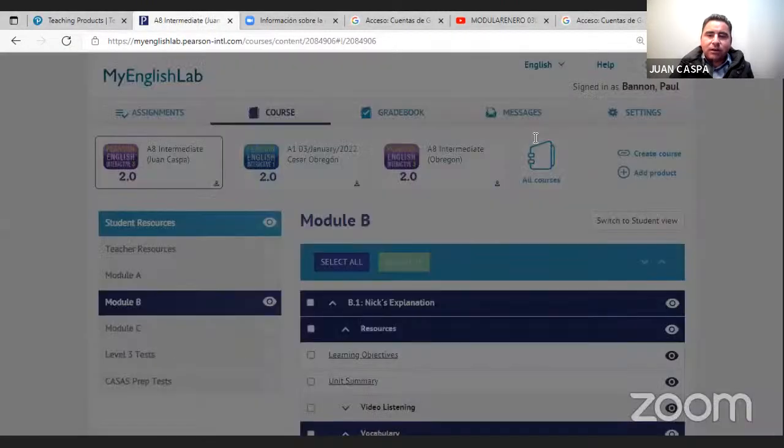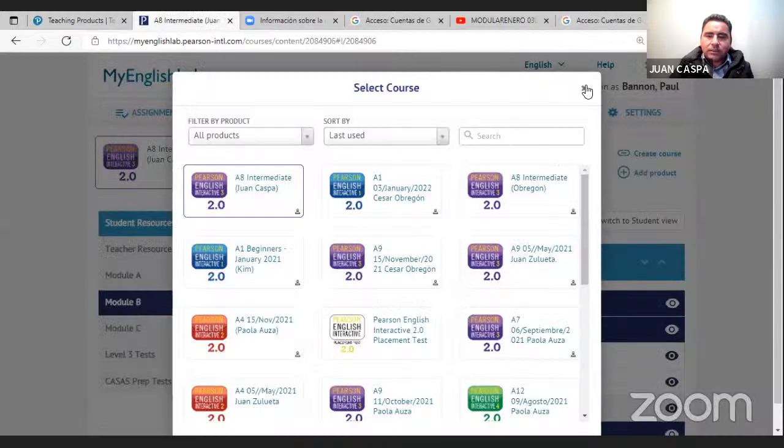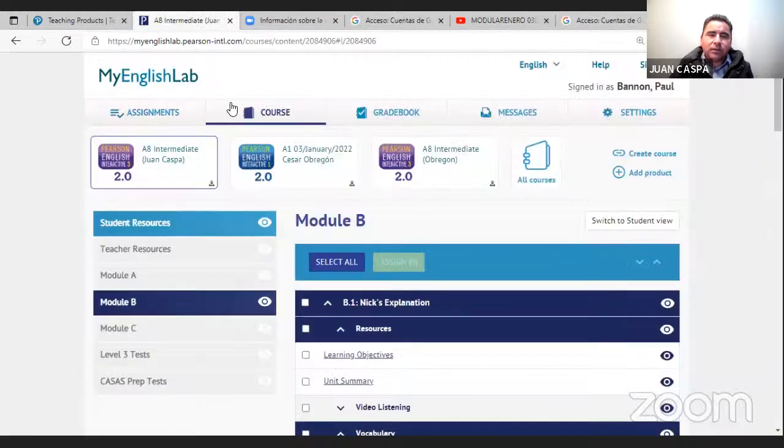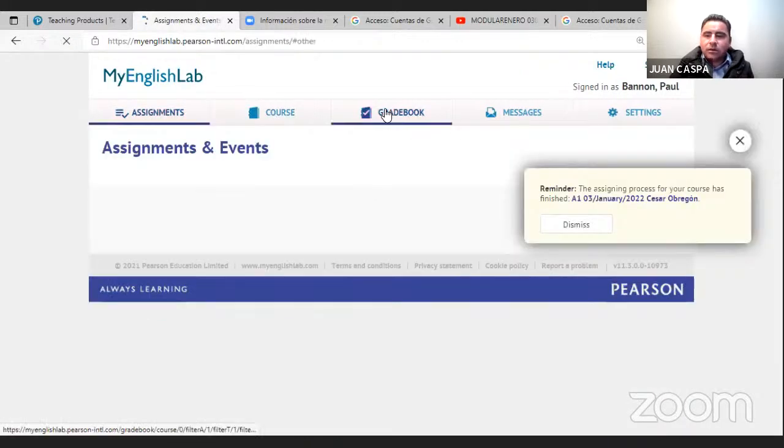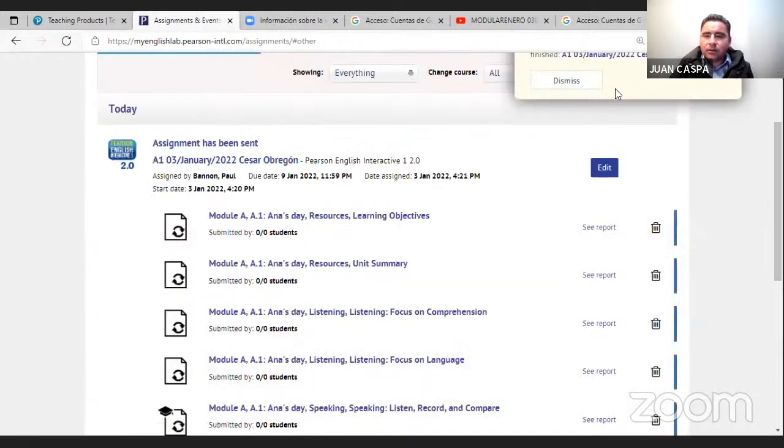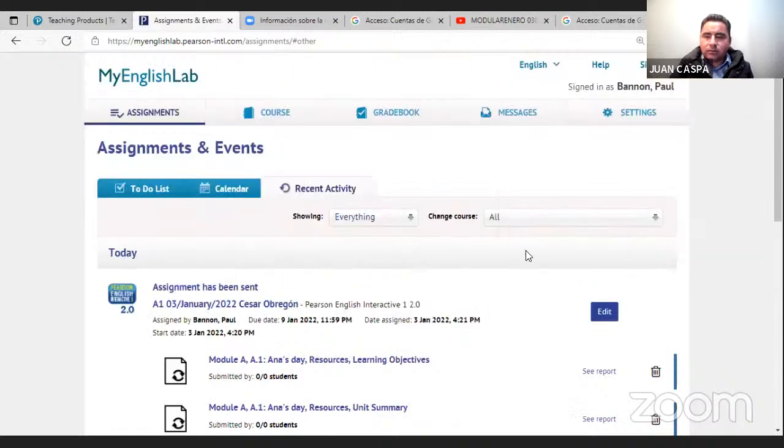In this case, this is my English lab, and there are some assignments, the courses, and also some of the guide, grade book and settings. But I want to switch to the student view.